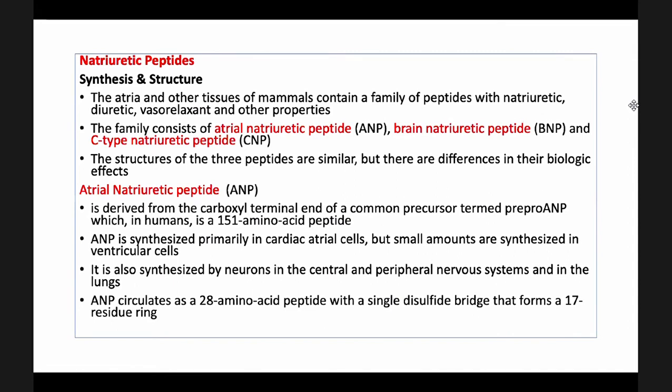Now the structures of these three peptides are similar, but they have differences in their biologic effects. So ANP is derived from the carboxyl terminal end of a common precursor termed prepro-ANP, which in humans is a 151 amino acid peptide.